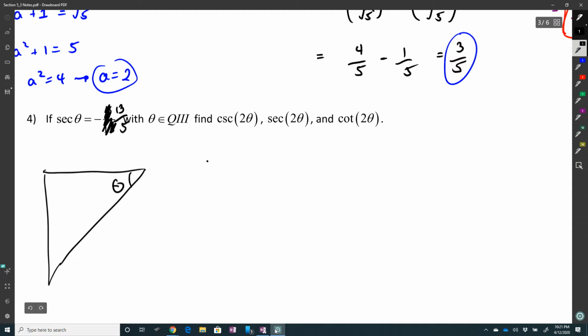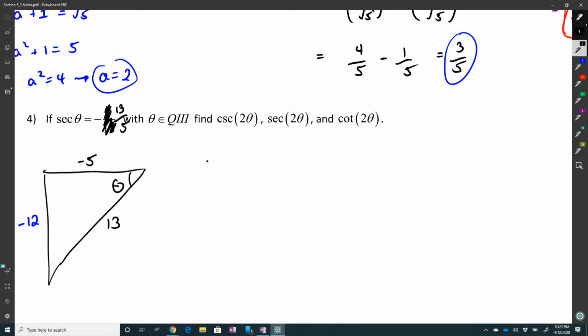So if it is negative 13 over 5, we have hypotenuse, which is 13, over adjacent, negative 5. Now this is a 5, 12, 13 rectangle. And since we're in quadrant 3, this means this is negative 12. Again, you can use the Pythagorean theorem to figure that out.